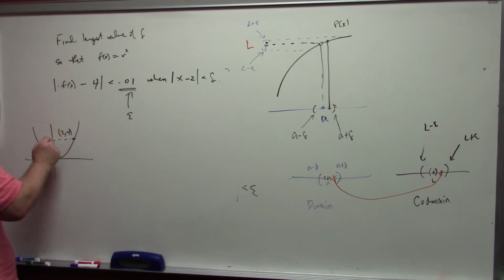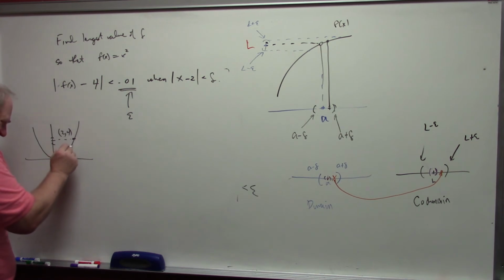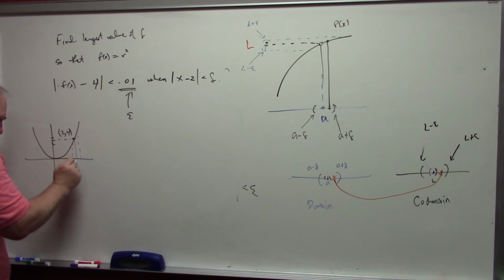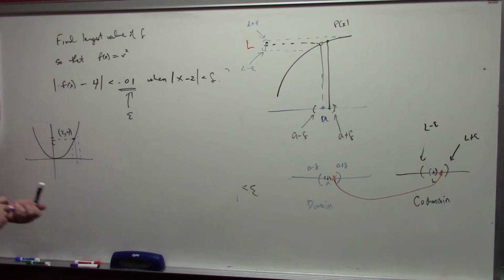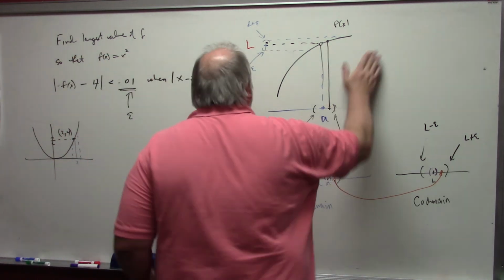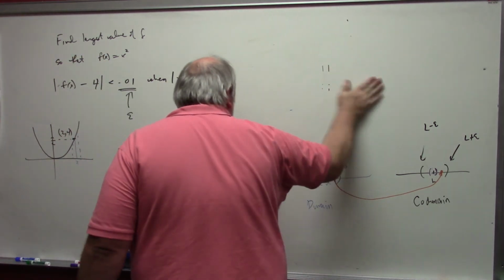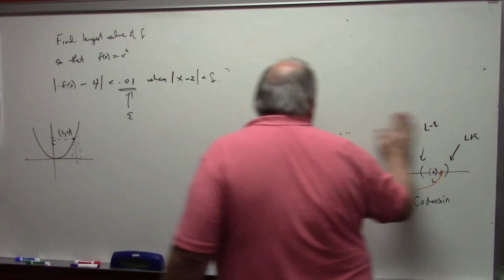And I'm saying let's put an interval of 0.01 around 4 and find the largest possible interval that will work around 2. And this is pretty simple. We just basically have to work backwards.